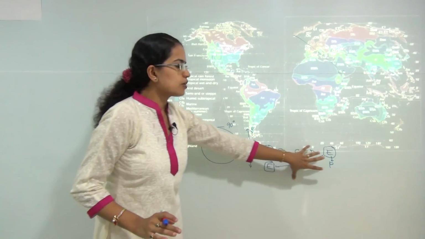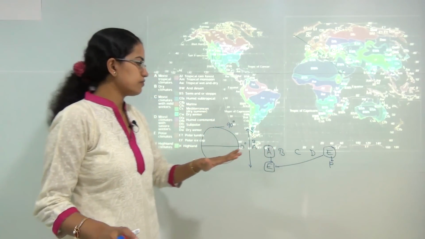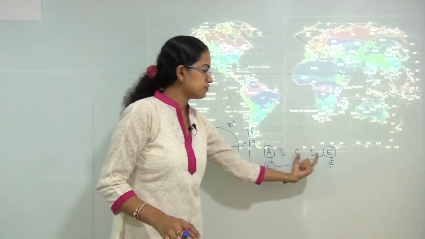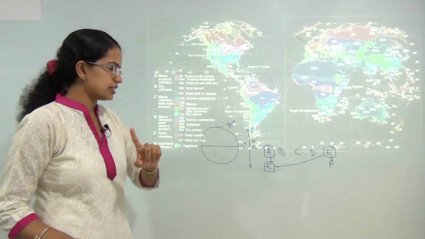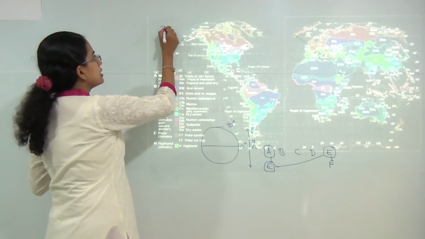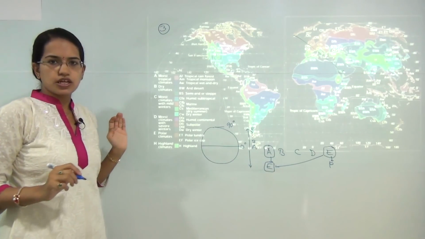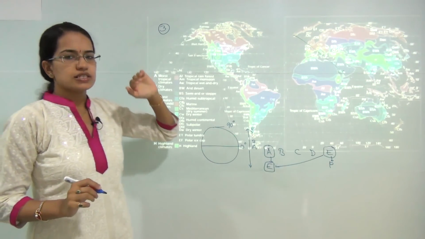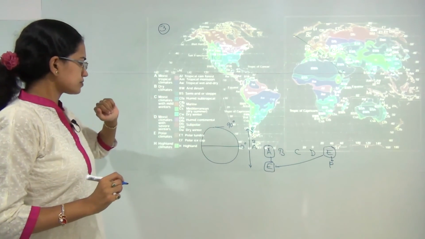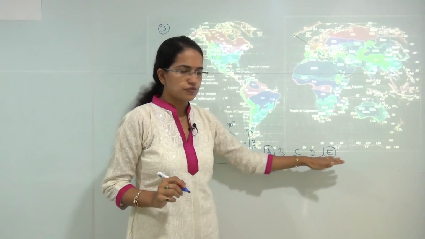Now all the Köppen classification that we would be starting with would start with these fundamental 5 first order categories. Köppen classified his classification into 3 orders: the primary order, secondary order and the tertiary order. The primary order included these 5 letters.